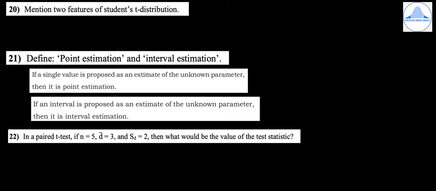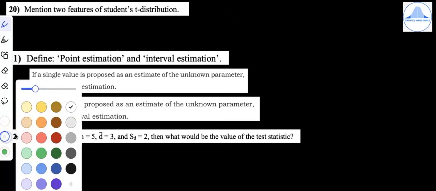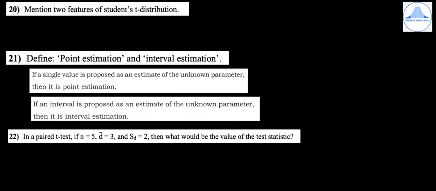20th question. Mention two features of the student's T distribution. There are about 10 properties. We can write some of the simple ones. The first one is the mean, median and mode are all 0 for the student's T distribution. So E of T is equal to 0.